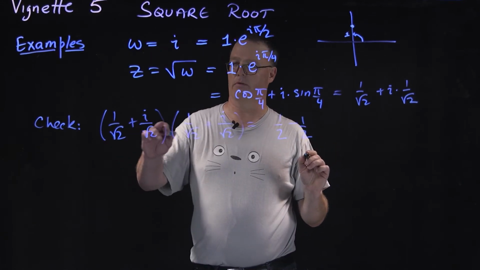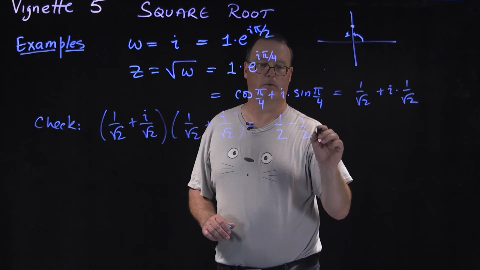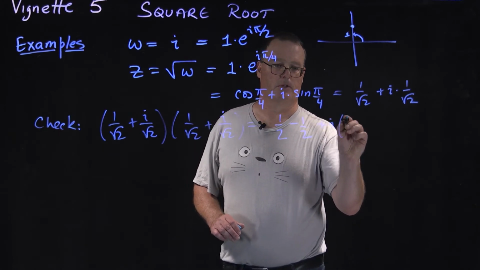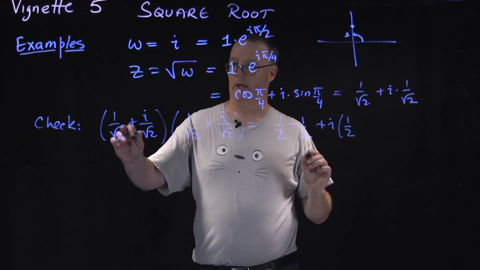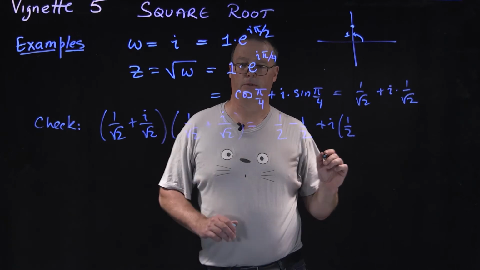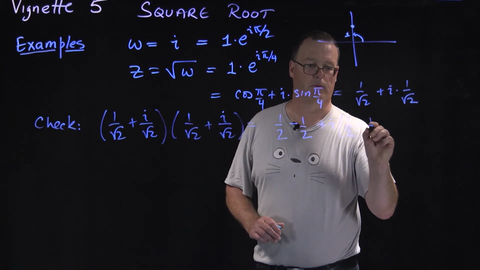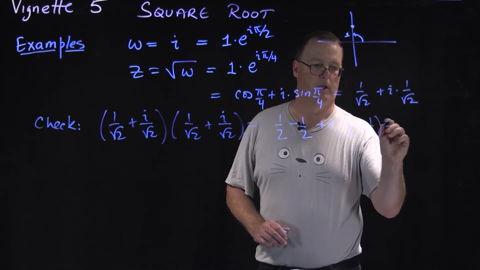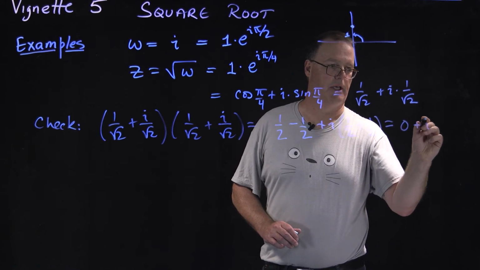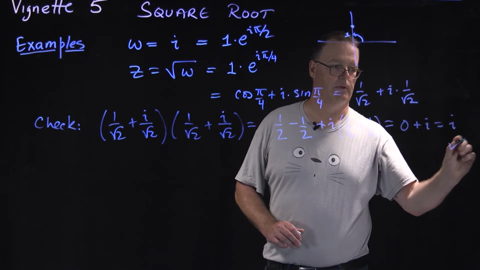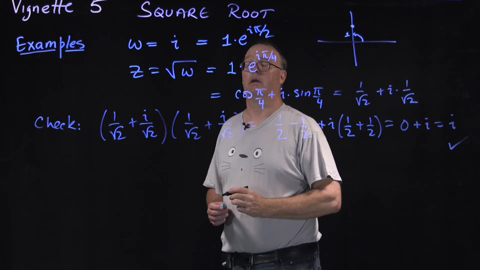Okay, that's good. i over root 2 times 1 over root 2 gives us 1/2. And 1 over root 2 times i over root 2 gives us 1/2. 0 plus i equals i. So I'm happy with that.